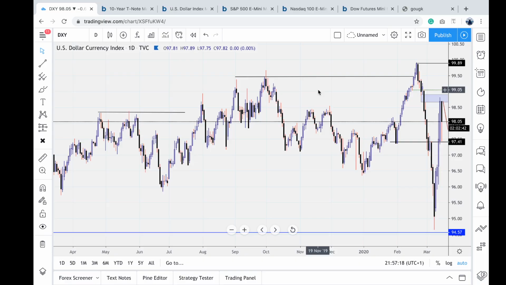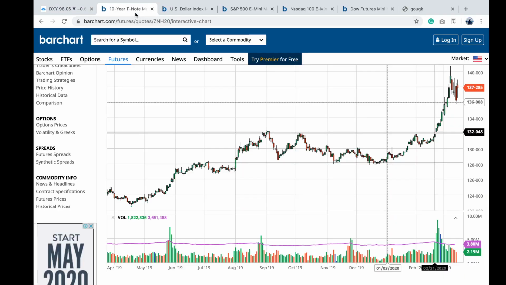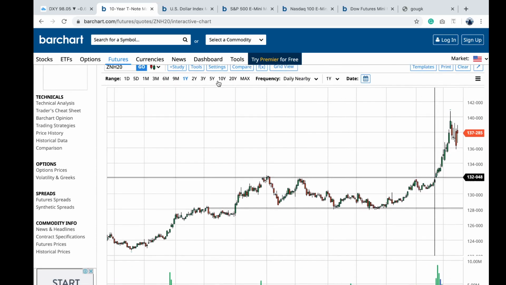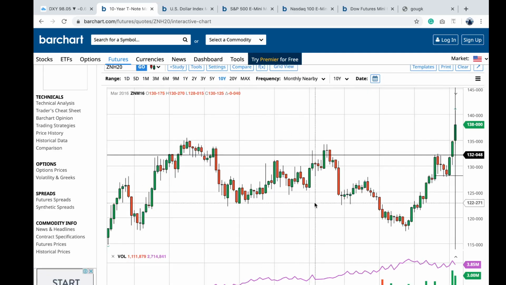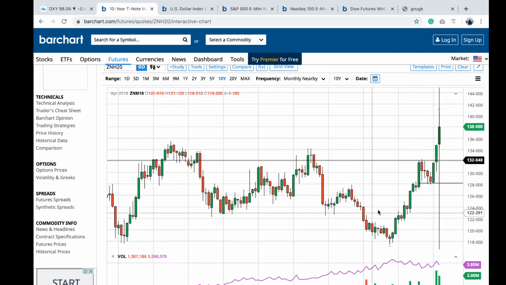Now, I know this does not actually cover the crash, but when we saw this breakout on the 10-year treasury notes, there was nothing to reference in form of past price action. It's simply going back to a 10-month period. Okay, once the 10-year treasury note broke out, there was nothing in the last 10 years in form of a bearish reference point to expect sales on the 10-year treasury note.